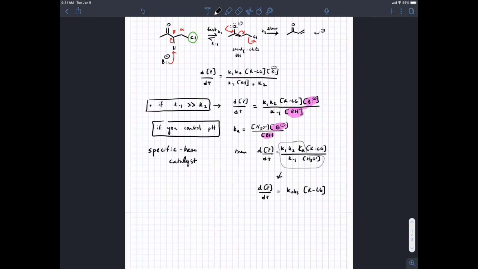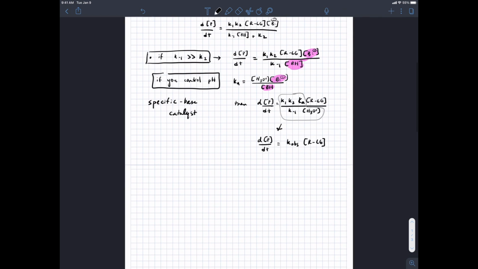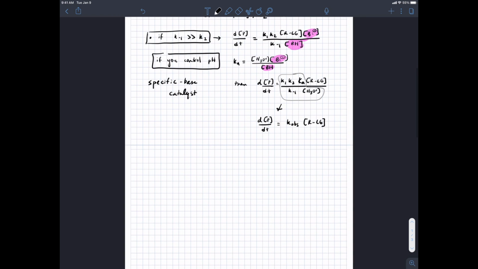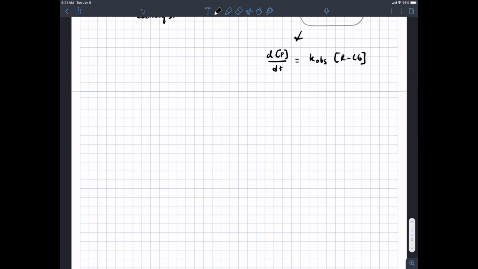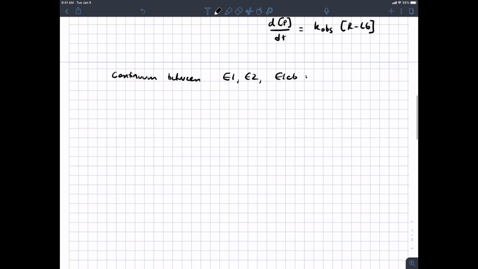All right. And there are some other subtleties that your text goes into, but I don't want to spend any time on that. I want to talk about the continuum between E1, E2, and E1cb in the same way that we've done it previously with one of these More O'Ferrall-Jencks diagrams.